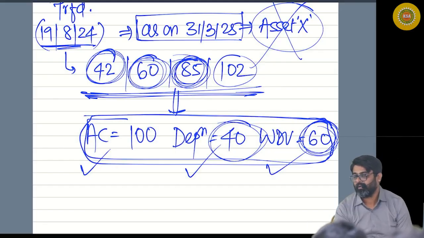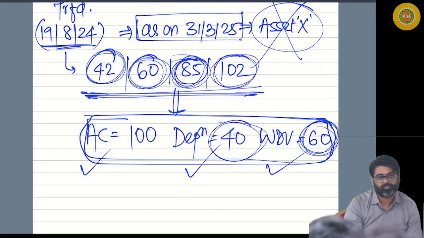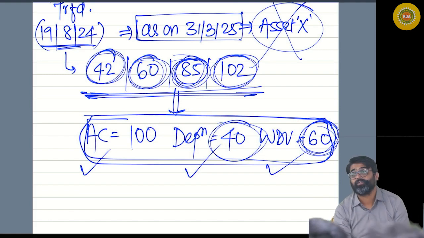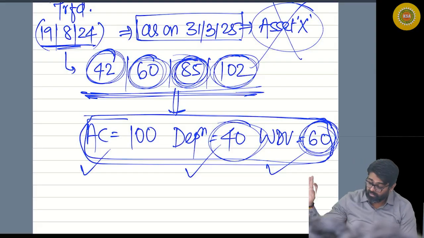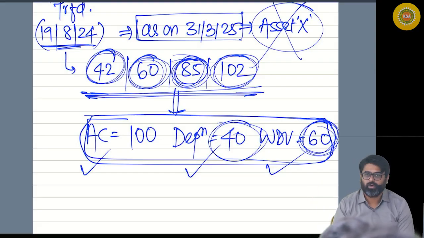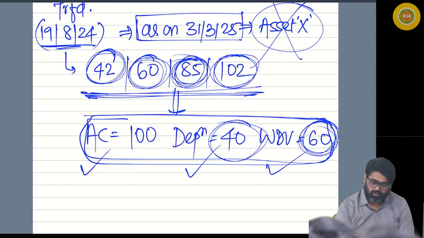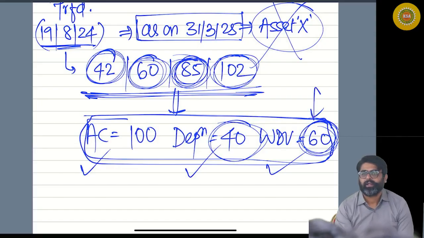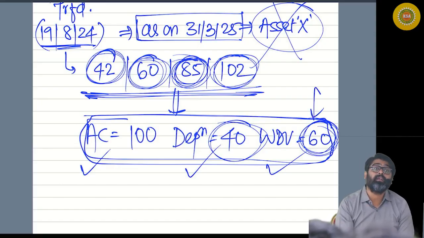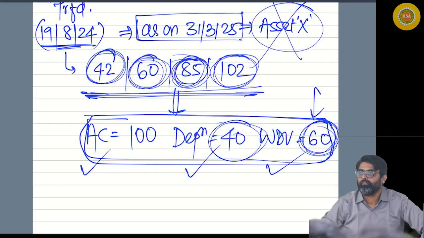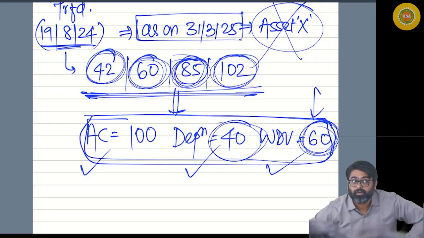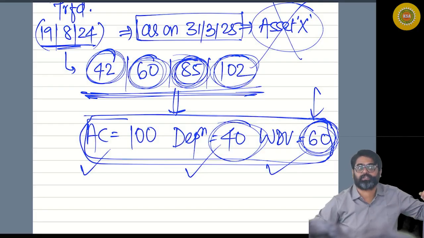Now, last case. The cost is 102. How much is the recovery? How much is the remaining cost? Meaning WDV is 60. If you have sold the asset for 100, the entire 60 you have recovered, and on top of that, 42 lakhs extra you have recovered.